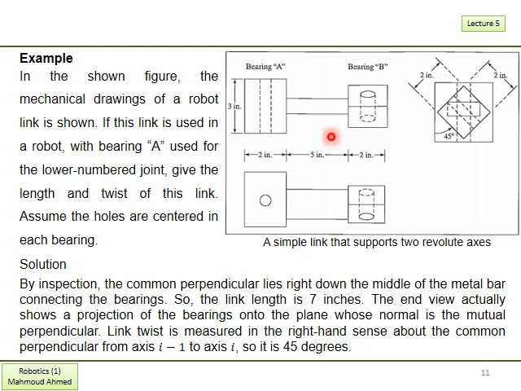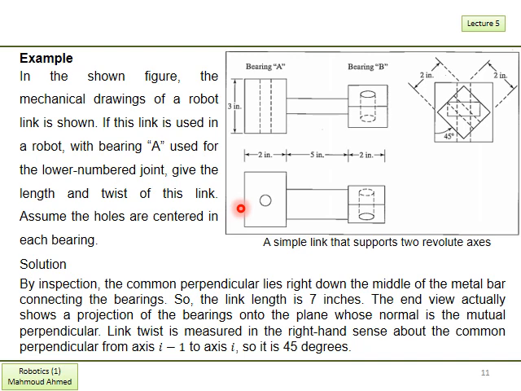The length between them is 5 inches, the width of the bearing is 2 inches, and here is 2 inches, and we have a twist angle between them, as shown in this view, of 45 degrees. What we need here is to find the description of this link.